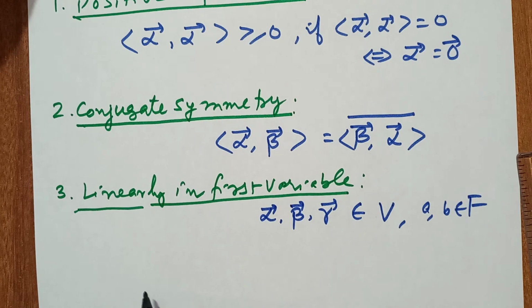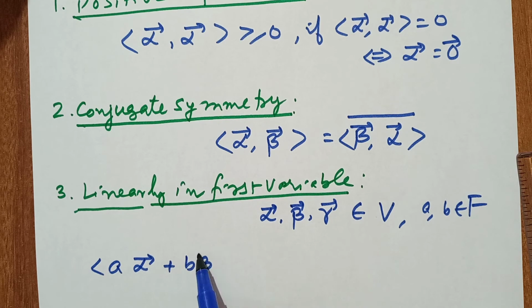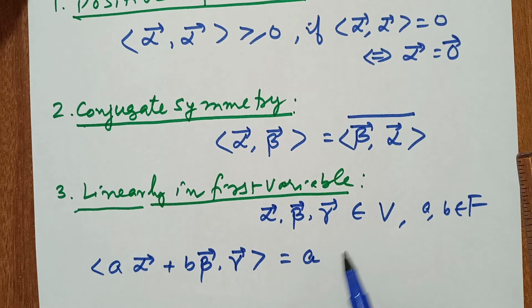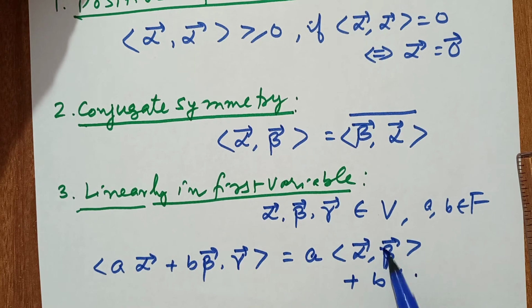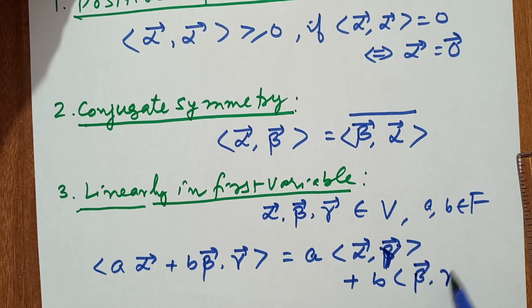Then linearity means inner product of a alpha plus b beta, gamma, equals a times inner product of alpha, gamma, plus b times inner product of beta, gamma.